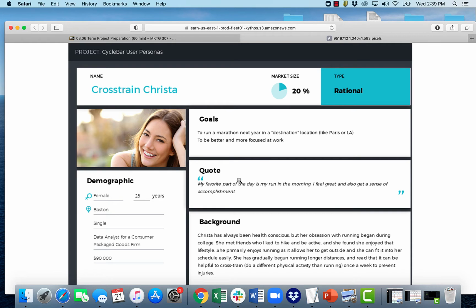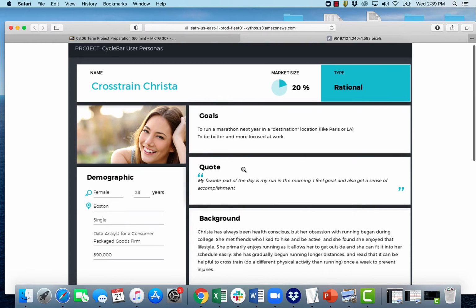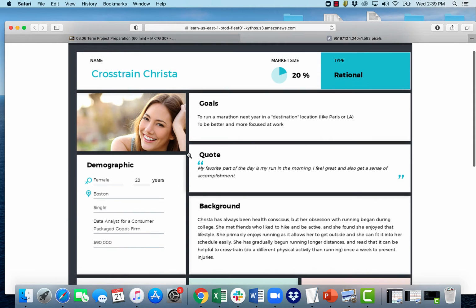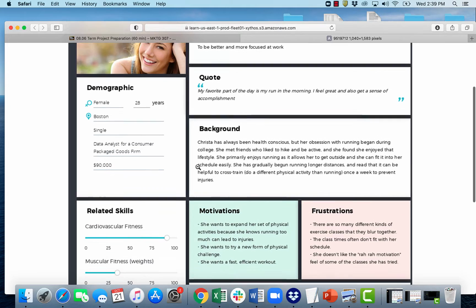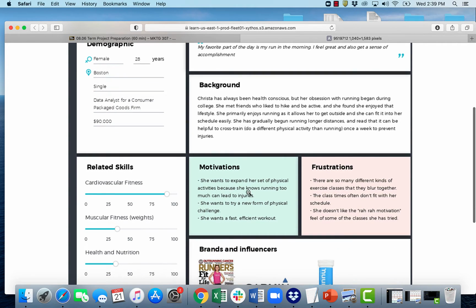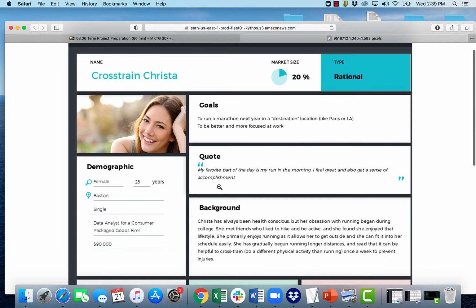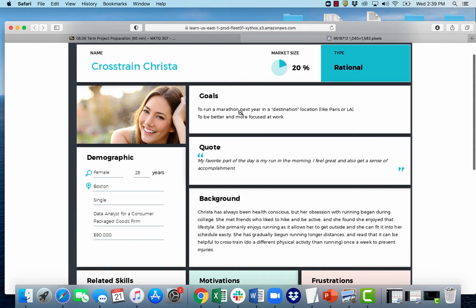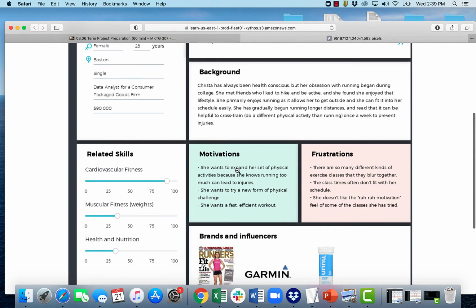And what this deliverable did is it described the consumer in general, gave a sense of who they are as a person. It addressed the consumer decision that they're going to make, but at a very high level. So here we have cross-trained Krista, and her eventual goal is to run a marathon.